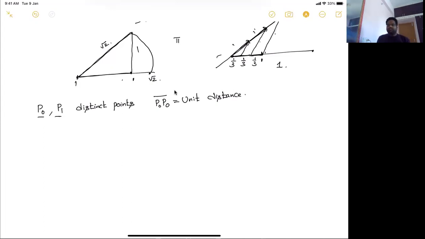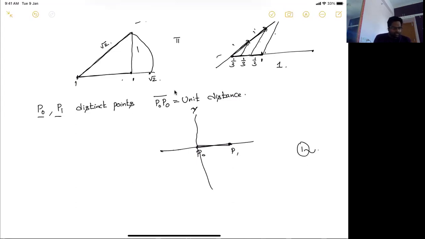Using this ruler and compass, we'll be able to construct any rational number. We take P naught, P1 as the unit distance, and this is called the x-axis, and the perpendicular to this would be called the y-axis. So this is my origin and this is my unit length, and note that this need not be 1 centimeter. This is pure convention.